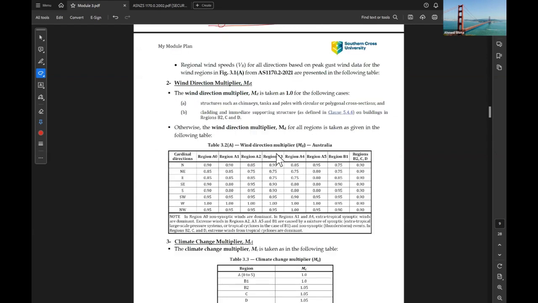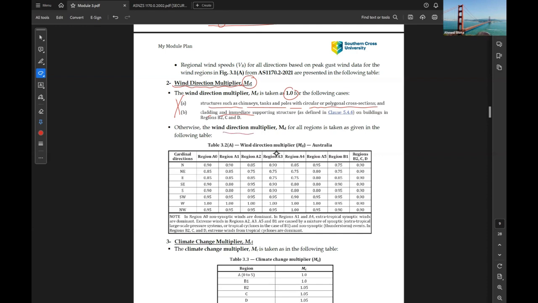After we get the VR or the regional wind speed, the first multiplier we have is the wind direction multiplier, MD. It can be taken as 1 for structures such as chimneys and so on, and for cladding, which might not be our cases. If it is one of these cases, you can take it as 1.